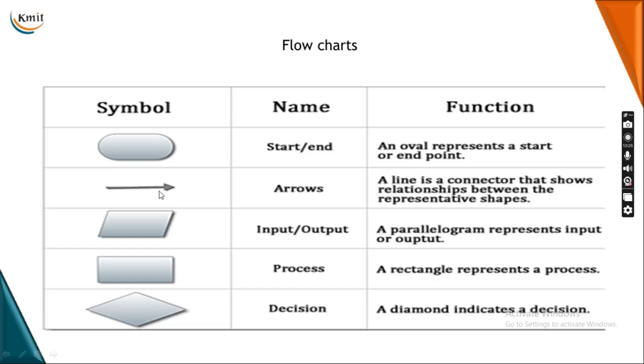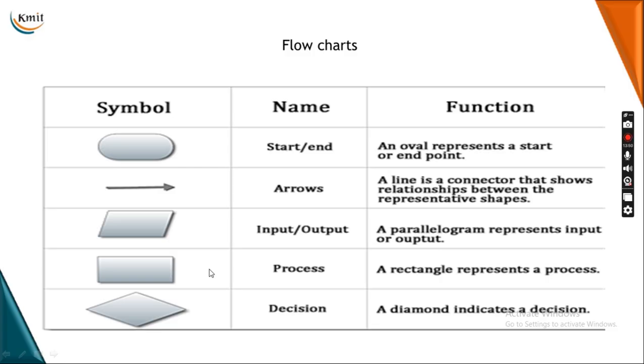Then we have an arrow, which is a connector from one shape to another. For input or output, we have a parallelogram. So the parallelogram represents input or output.